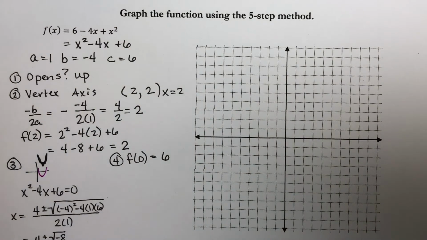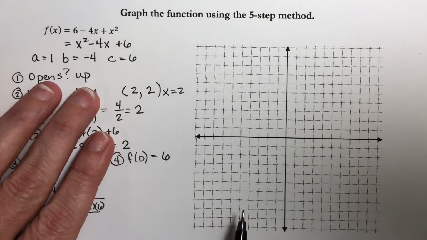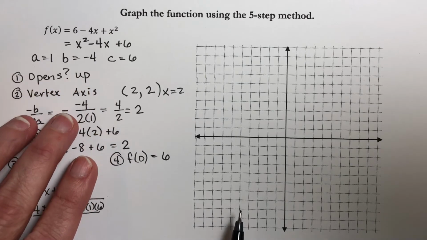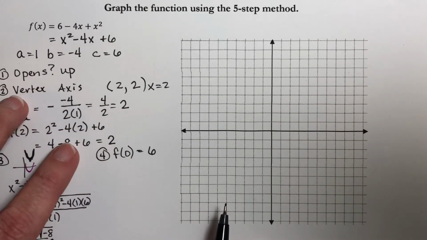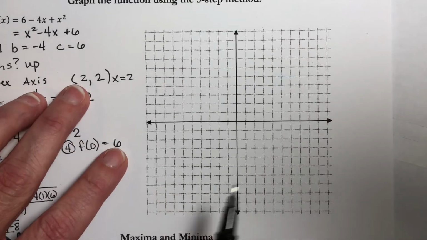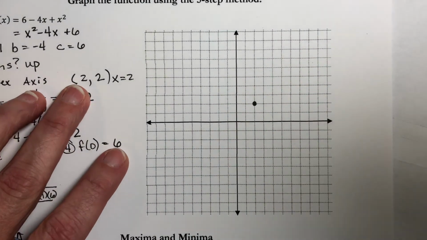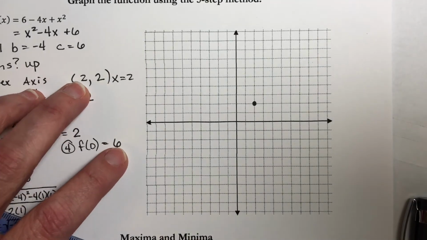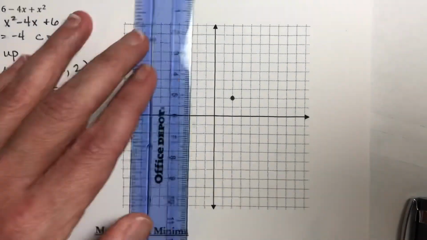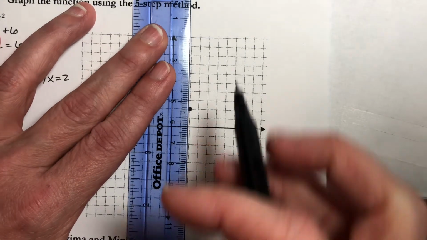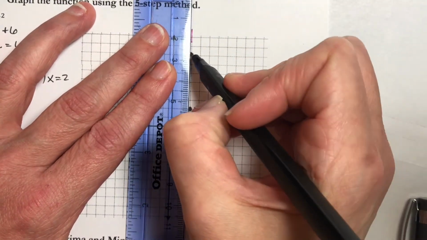So I know that it opens up. All of my information should force this to happen. My vertex is the point (2, 2), which is right here. My axis of symmetry goes through 2, so I'm going to put a dotted line through here.